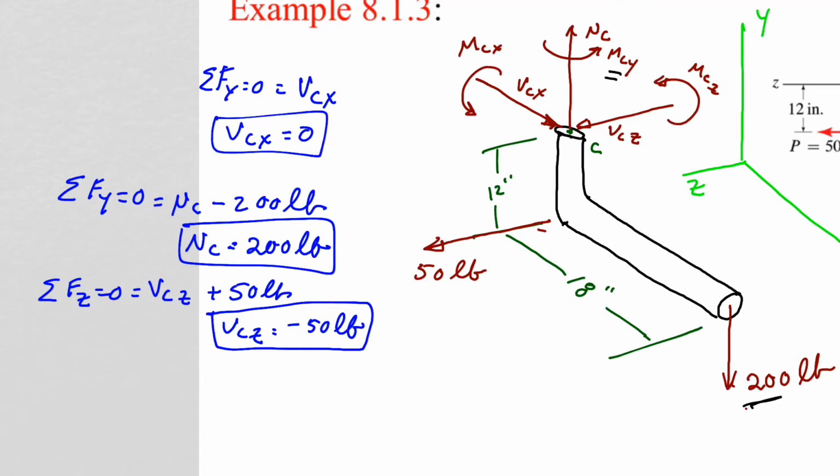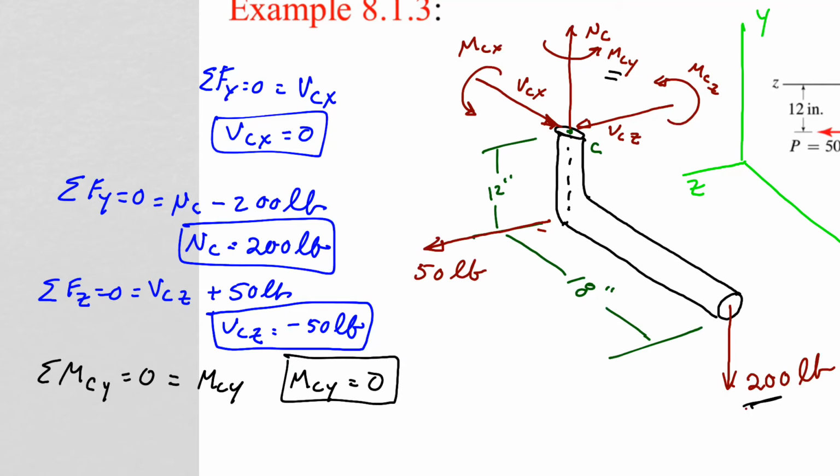And this 50-pound force is right at that same axis if I brought it down. So it doesn't cause any moment around that. So if I sum moments at C around the y-axis equals 0, all I have is MCY. So therefore, MCY equals 0. So there is no twisting action around it.